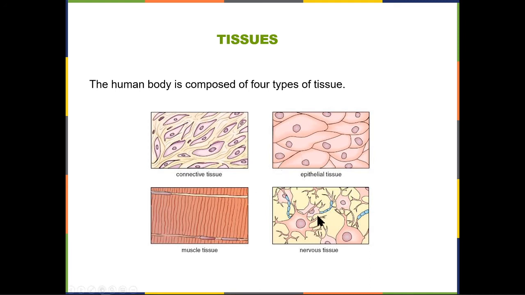The last two types of tissue, muscle and nervous tissue, aren't really based on that ECM to cell ratio. They're based more on the function of the tissue itself. So muscular tissue is made up of all three of skeletal muscle, cardiac muscle, and smooth muscle. They do look different histology-wise if we look at them under the microscope, but they all have a common function.